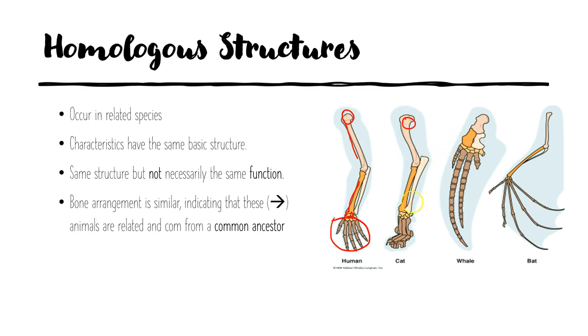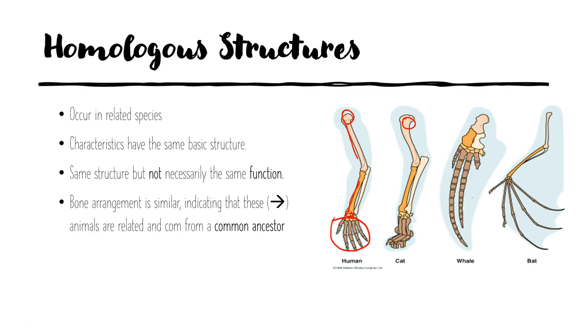And we can see these structures in each one of these organisms, the human, cat, whale, and bat. Okay, so the human, this is our arm. This is one of the front forelegs of a cat, and the fin or flipper of a whale, and the wing of a bat.